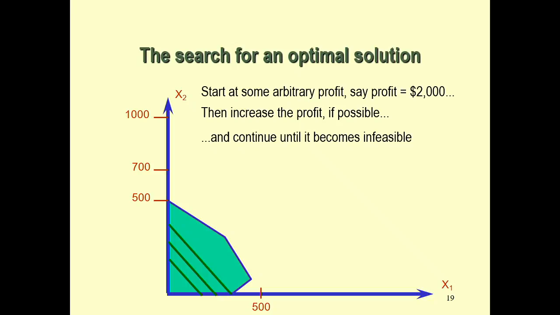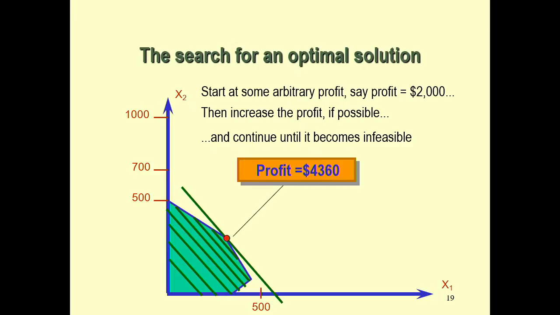Now we're making $4,000 profit, $5,000 profit. And the last point it touches is the best point. Doesn't it make sense? Because this is the profit line, and I want to optimize profit. So push it out. The last point it touches is the optimal profit, right? The optimal profit looks like, in this case, 4,360.